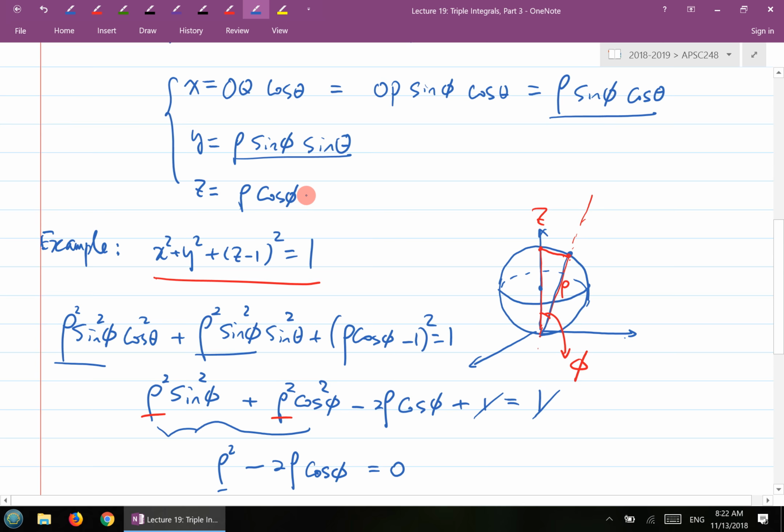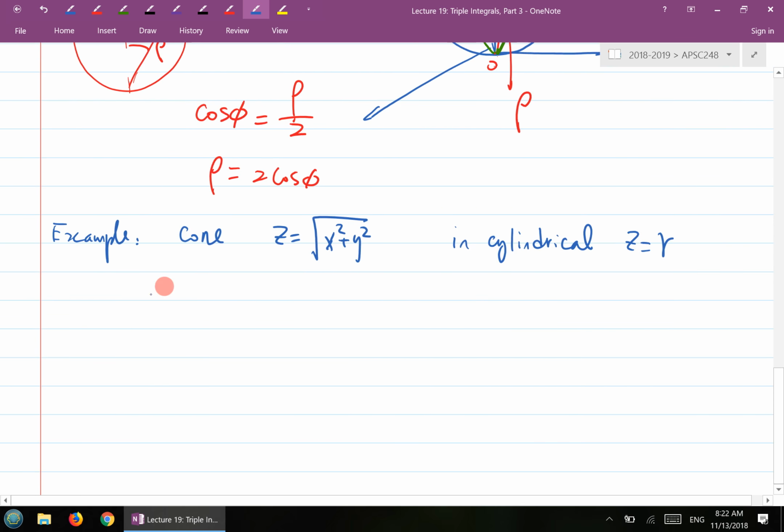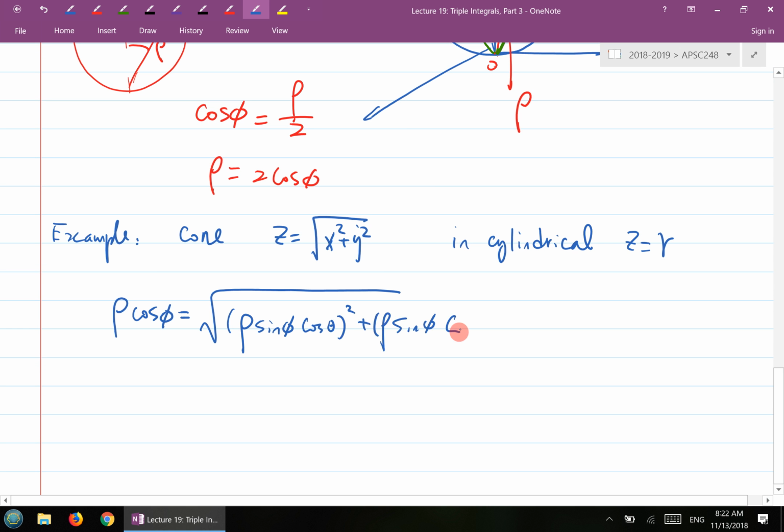So here we can substitute z with rho times cosine phi, and then substitute x and y with rho times sine phi cosine theta squared plus rho times sine phi sine theta squared. Substitute your x, y using the expressions between Cartesian and spherical, and then simplify. Now this time you'll end up with a very simple solution.